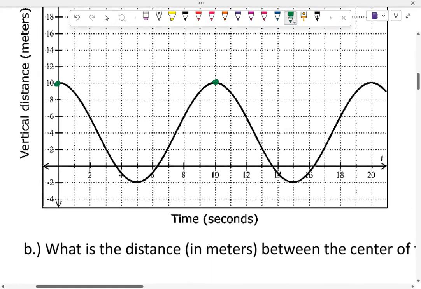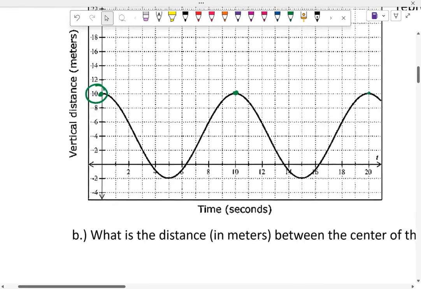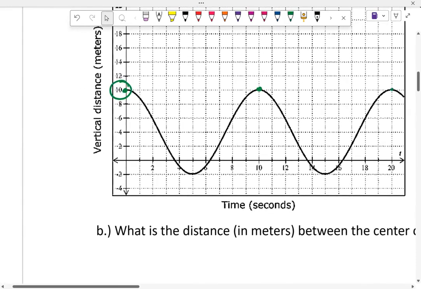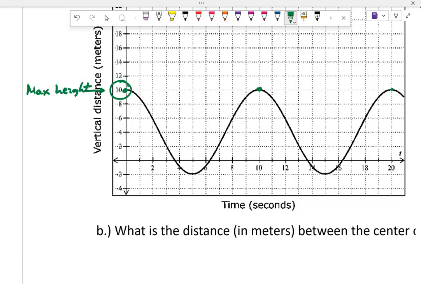So what does 10 represent in the context of our problem? What is that? The max what? The max height above the water, right? So this would be our max height above water. What would be the x-axis? That's a height of 0. Wouldn't that be the water?